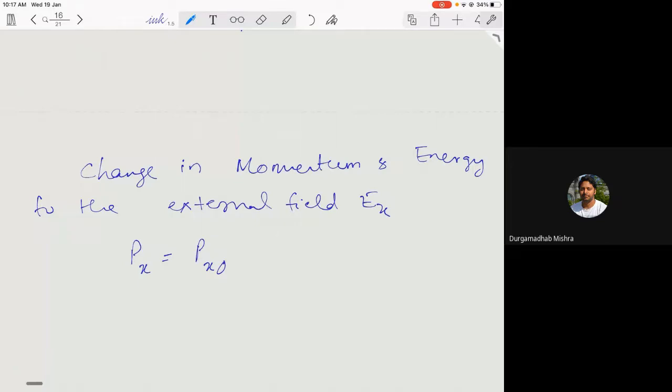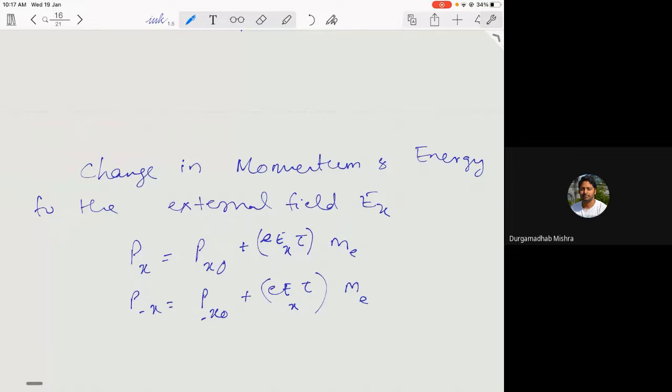So Px will change: Px becomes Px0 plus E tau, with a factor of m as well, and P minus x becomes minus Px0 plus E. Here m is the mass of the electron.